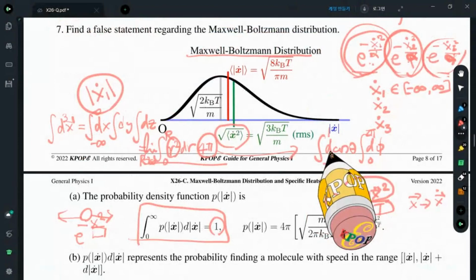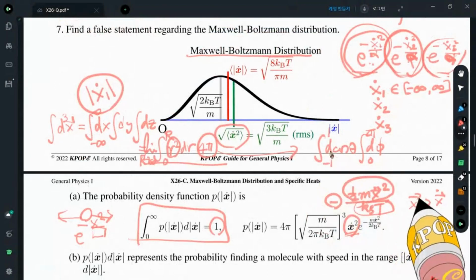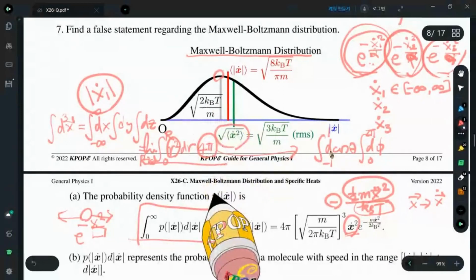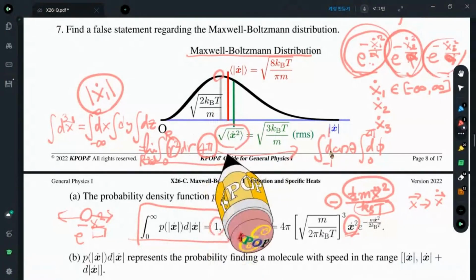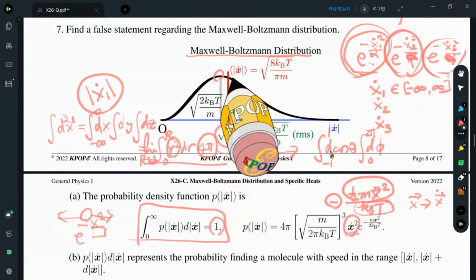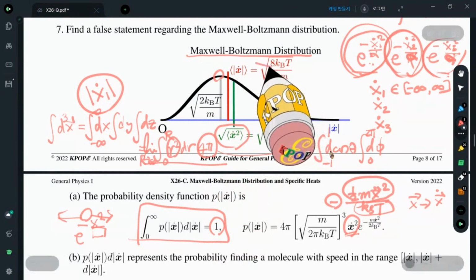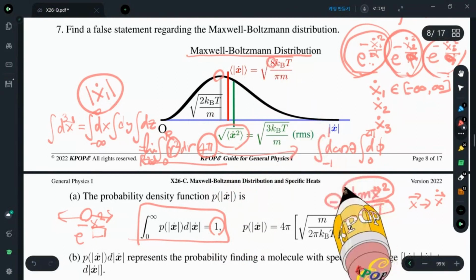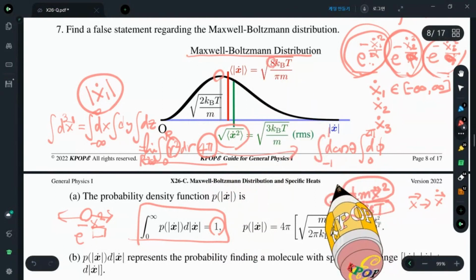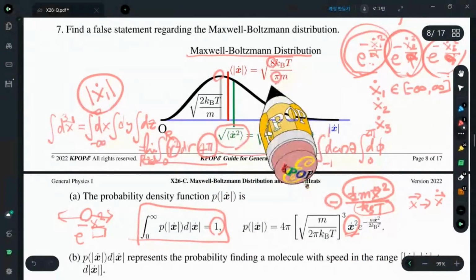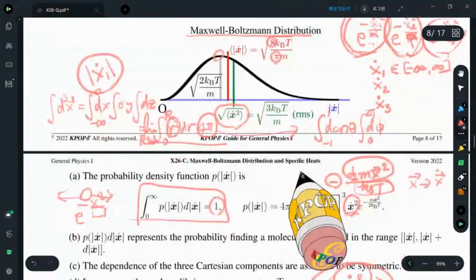Specifically, this distribution has its maximum value at this point. The average speed can also be computed, and that has a factor of 8 divided by pi.